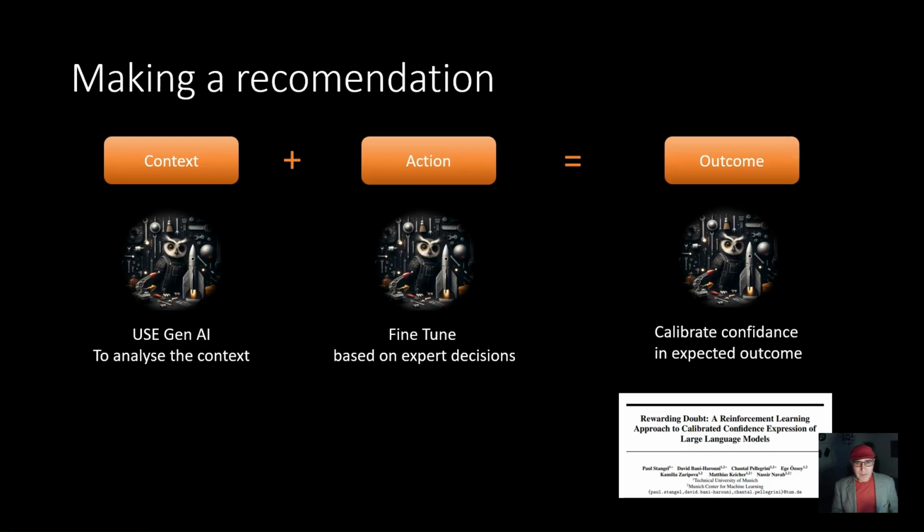However, we can take it to the next level, and I'm inspired by this particular paper that I've just read. My next step is actually to figure out how to make it work in Azure Machine Learning, and that's to calibrate the confidence in expected outcomes.